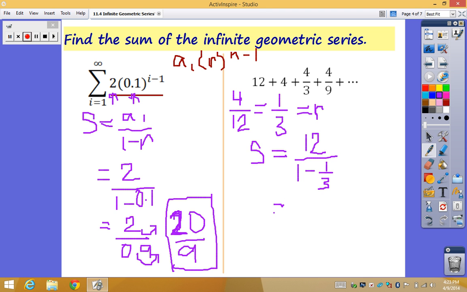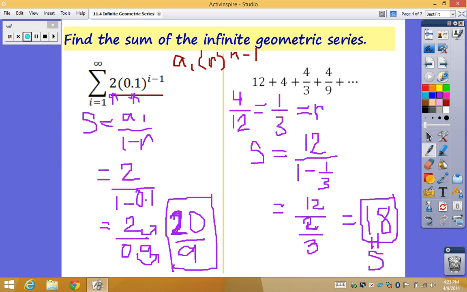So that will give us 12 divided by 2/3. And if you multiply that out, you get 12 times 3 over 2, or 18. And that equals s, or the sum of this infinite geometric series.